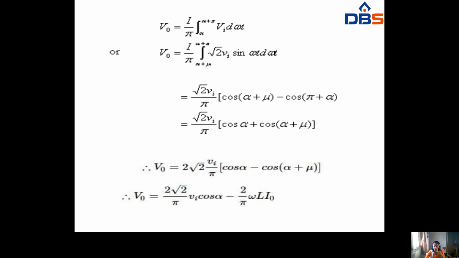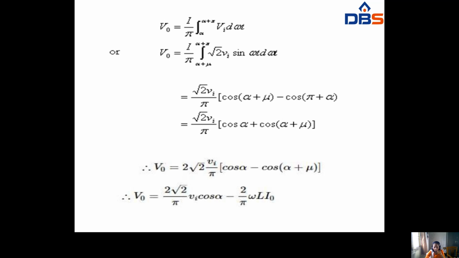So from the circuit, V naught equals 1 by pi integral of alpha to alpha plus pi Vi d omega t. By simplifying these equations, we write 1 by pi integral alpha plus mu to pi plus alpha root 2 Vi sin omega t. So root 2 Vi by pi, cos of alpha plus mu minus cos of pi plus alpha.